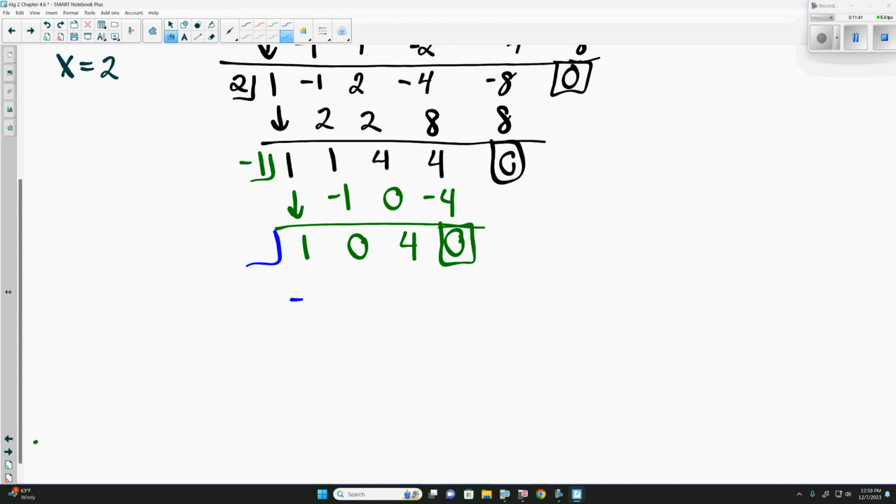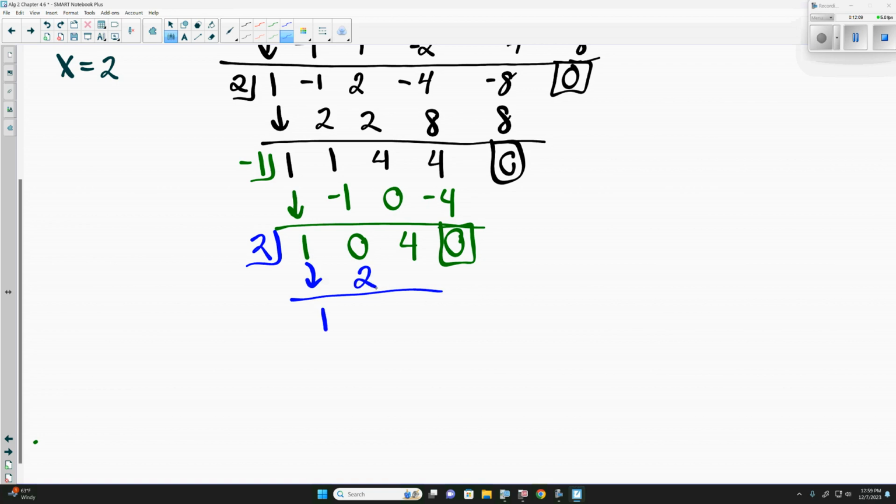Now, we will solve for these. I wouldn't write this step down because I could try and see if it repeats again. -1 times 1 is -1. 0 plus -1 is -1. -1 times -1 is 1. 4 plus 1 is 5. Well, that's not a solution because it gives us a remainder of something other than 0.